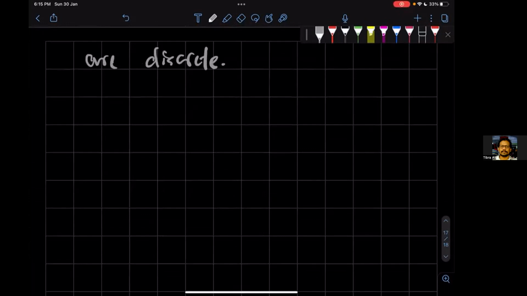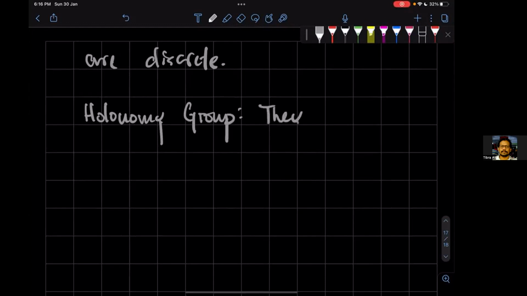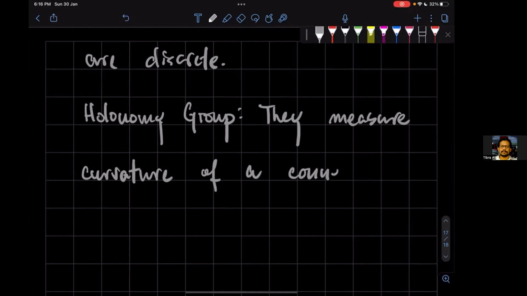From differential geometry, there are two examples. One is the holonomy groups. And this is something we will study. So what are holonomy groups? Holonomy groups measure the curvature of a connection on a manifold.